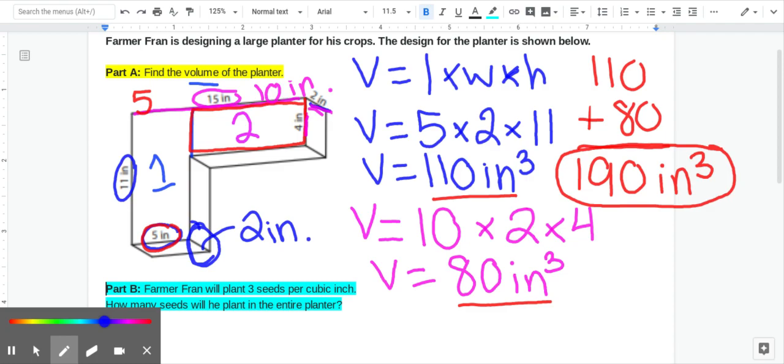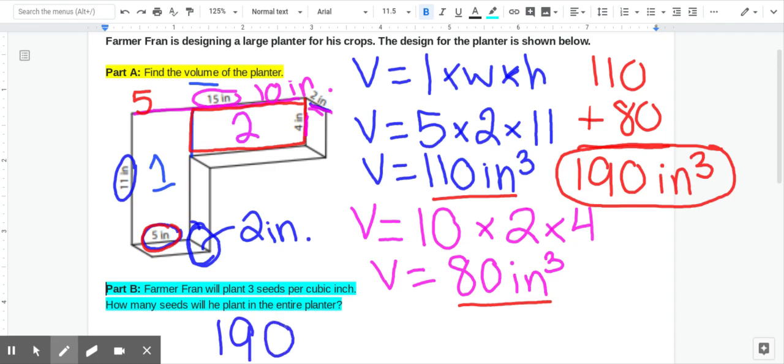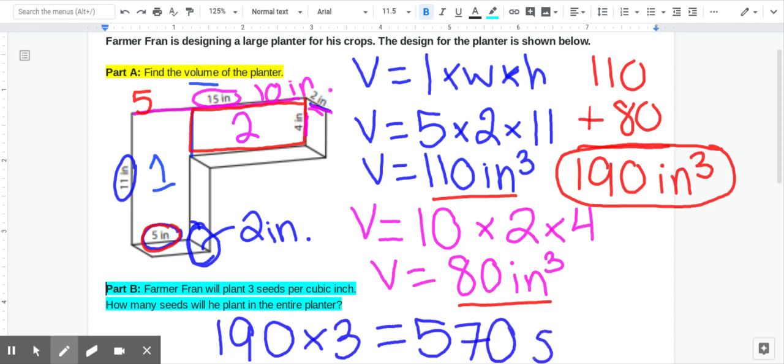So we can multiply 190 cubic inches times the 3 seeds that will go in each cubic inch. All right, and we will get our final answer of 570. And our label for that one would be seeds.